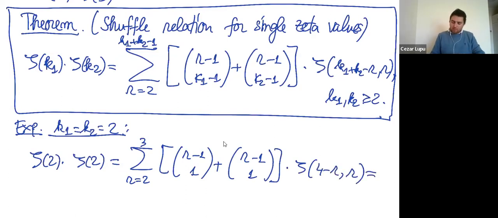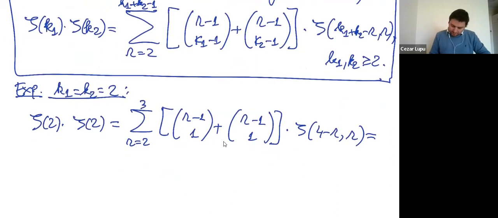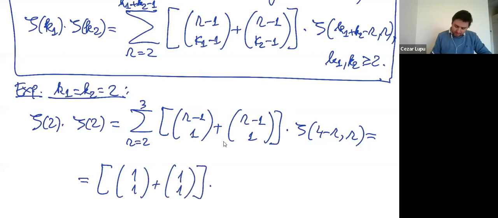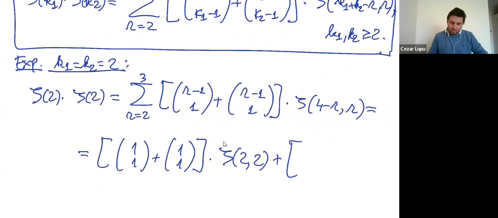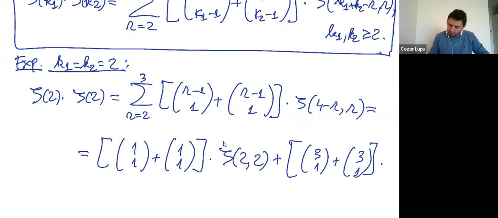All right, and if we write this carefully, this would be what? Let me just write it. So it will be 1 choose 1 plus 1 choose 1 times zeta of 2, 2. This is for r equals 2, so we'll have zeta of 2, 2. And we have the other one for r equals 3, so we'll have 3 choose 1 plus 3 choose 1 times zeta of 1, 3.